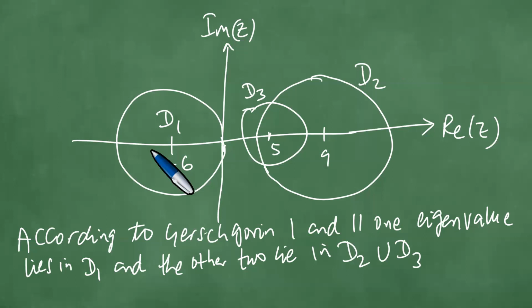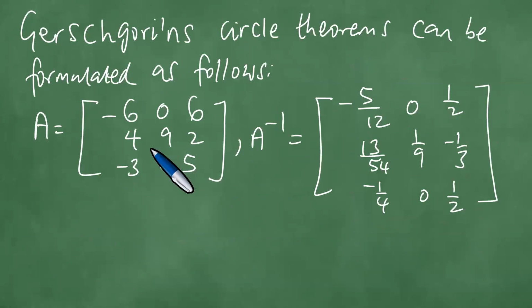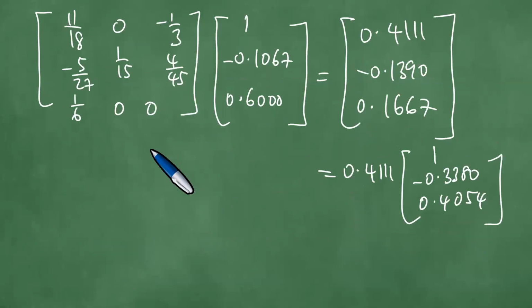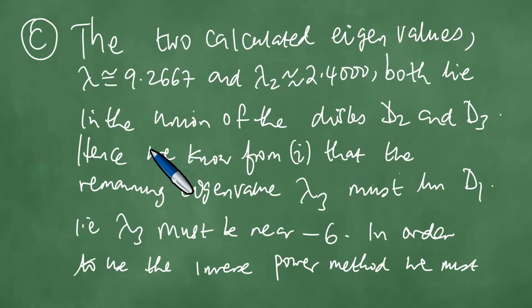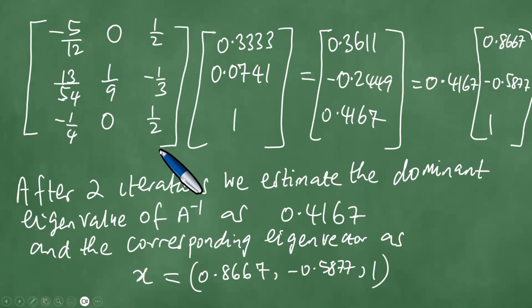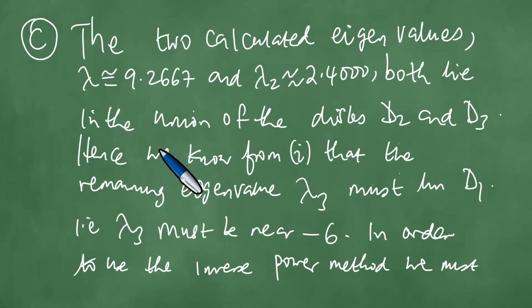The essence of this is the discussion we had here about the intermediate eigenvalue. Because now we are saying, in part C, the two calculated eigenvalues, we estimated those, both lie in the union of the disks we've spoken about.